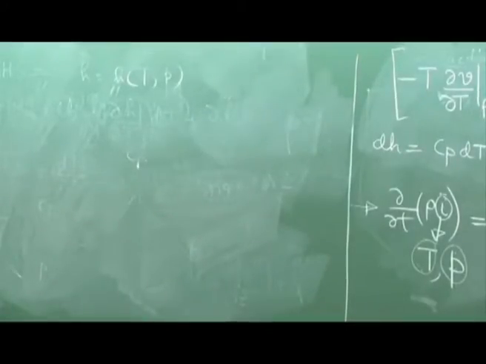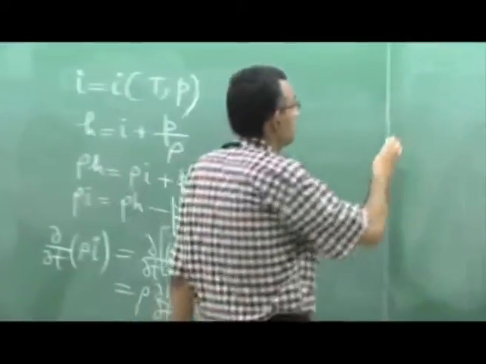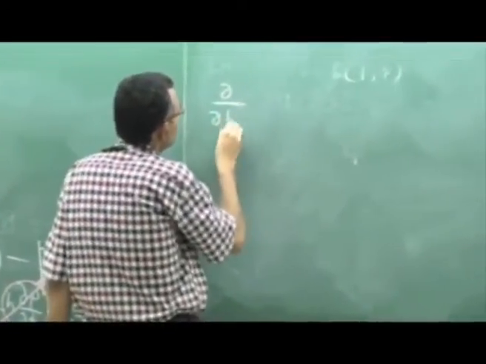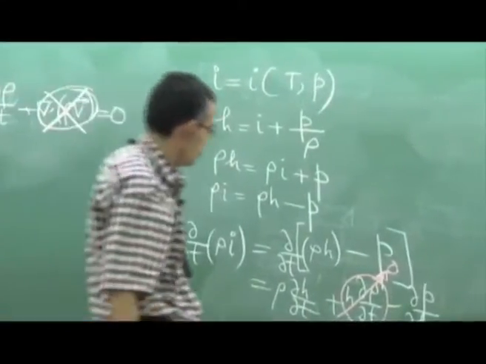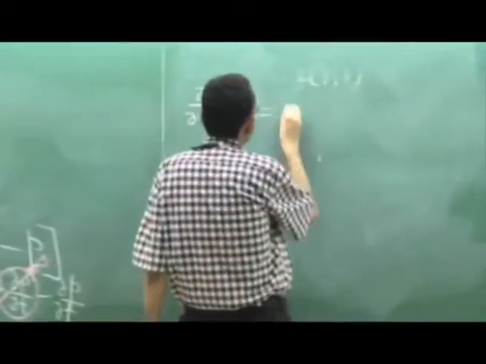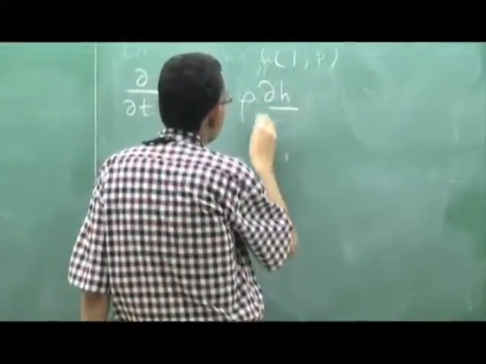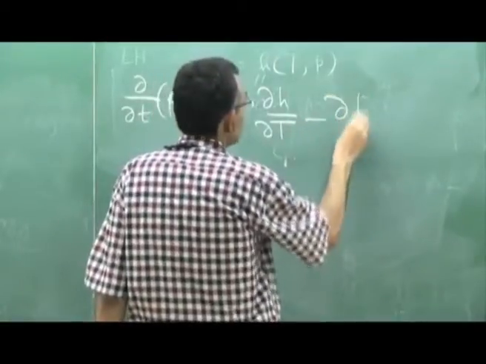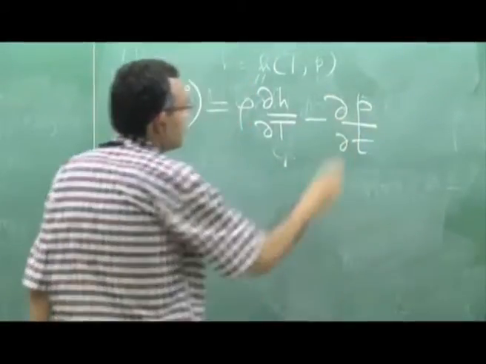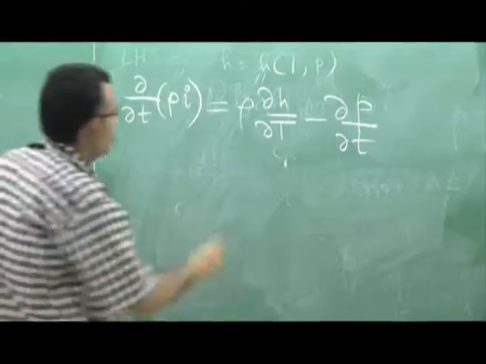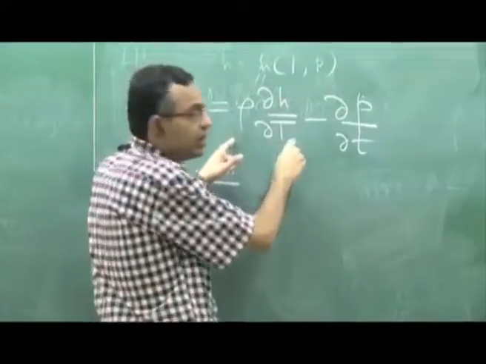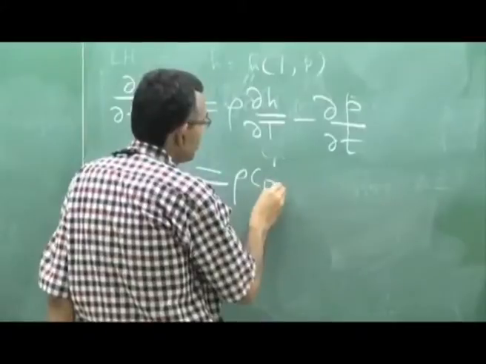Now look into this expression. So rho del H del T, we will use this term. So the first term will be rho Cp.